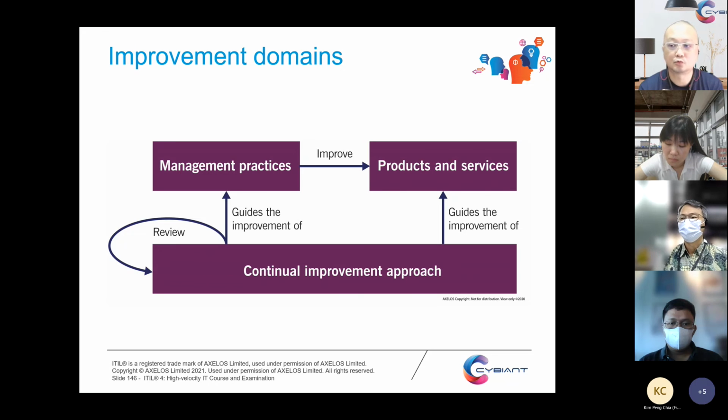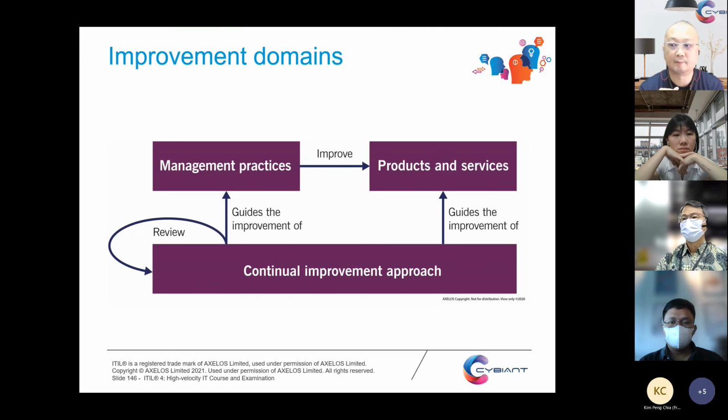As you go through the model of improvement itself, you might come to realize, hang on, John, actually we need to change some of the ways that we do the management practices. As you change that, it also improves the product and services itself.